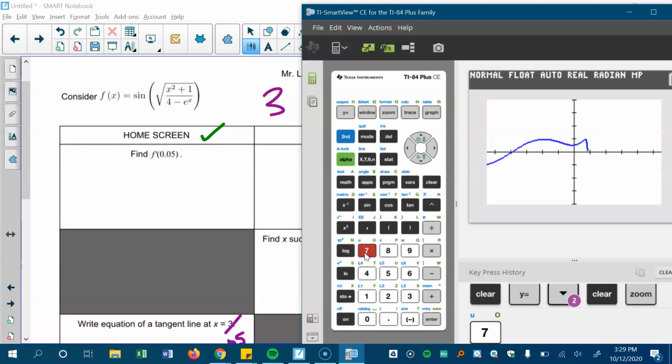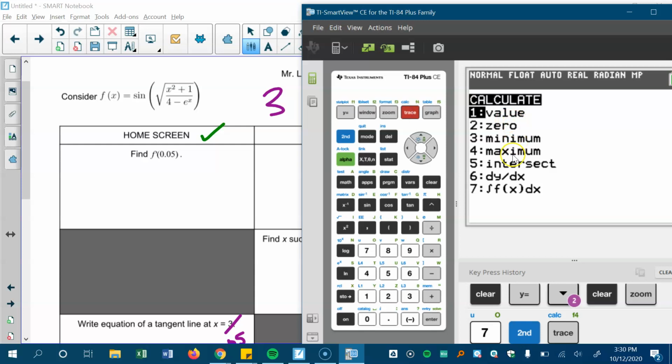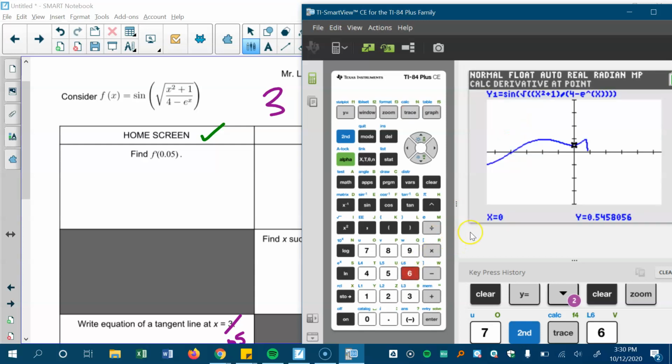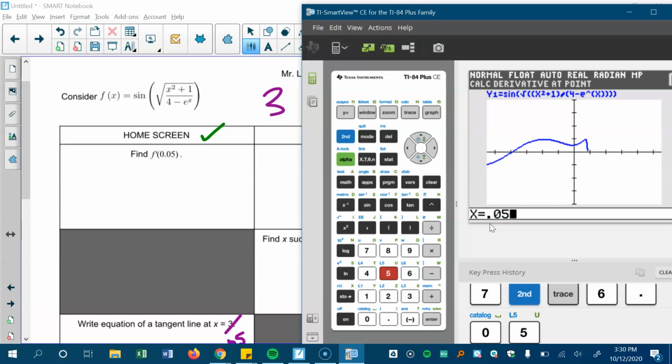And what I can do from the graph screen now is go to second trace, which is the calculator menu. I'm going to go to number 6, dy/dx. What it asks for is, okay, now give me an x value you want the derivative of. I can type in 0.05, push enter, and there's my derivative value, 0.111.